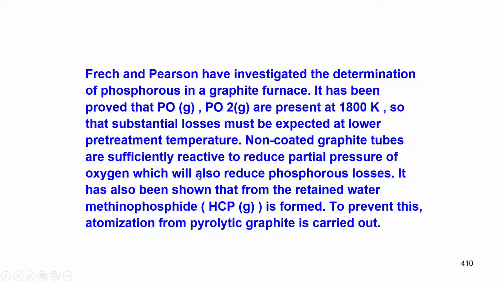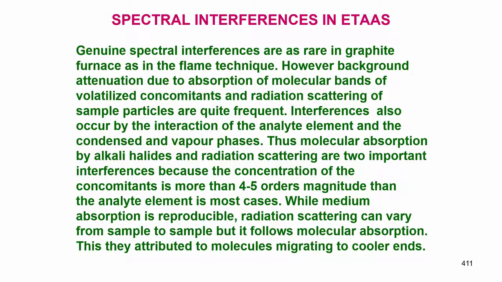You can do it even with ordinary carbon tubes, and that will also reduce the phosphorus losses, because you can work at lower temperature. It has been shown that from the retained water, methanophosphides gas is formed. To prevent this, atomization from pyrolytic graphite is preferred and carried out. Now these are the discussions about atomic absorption using electrothermal heating.